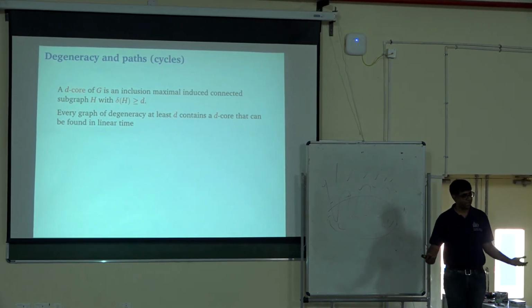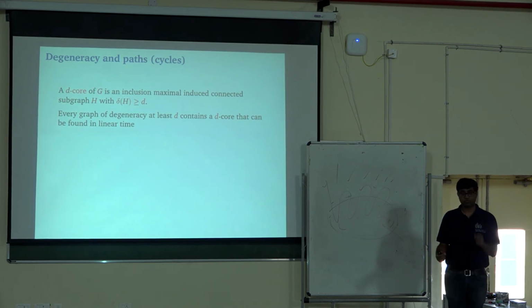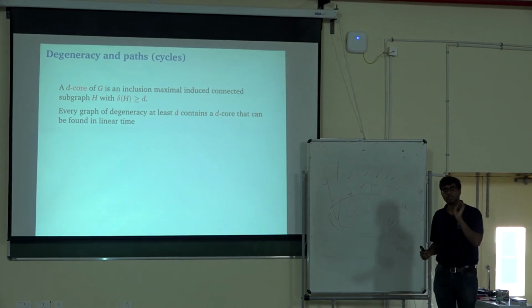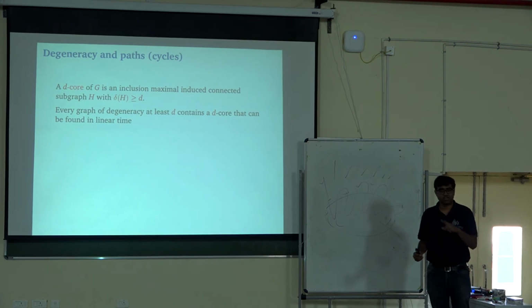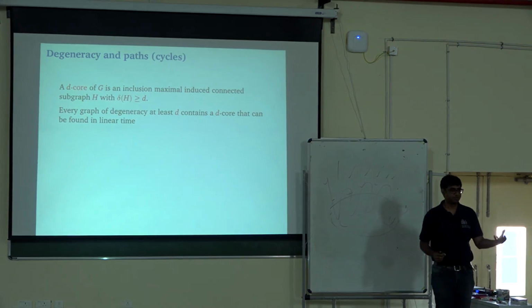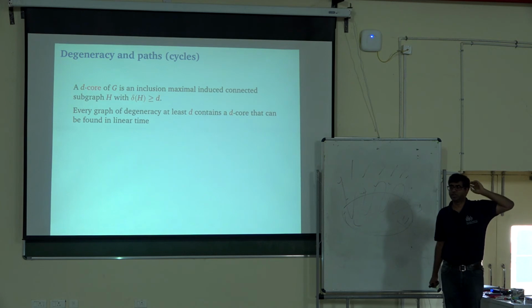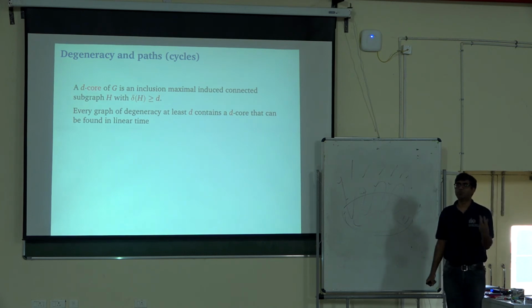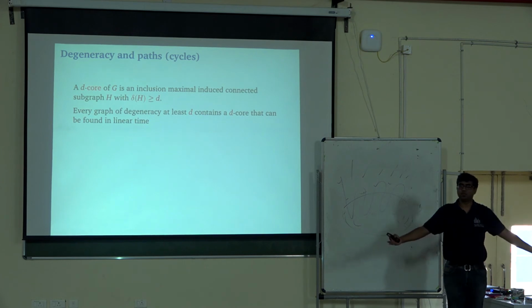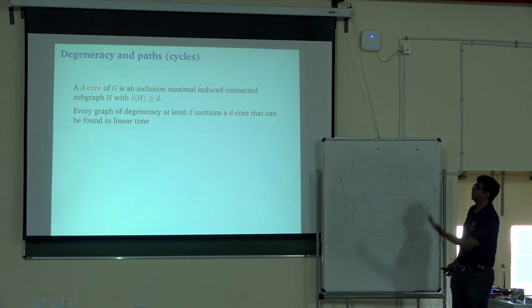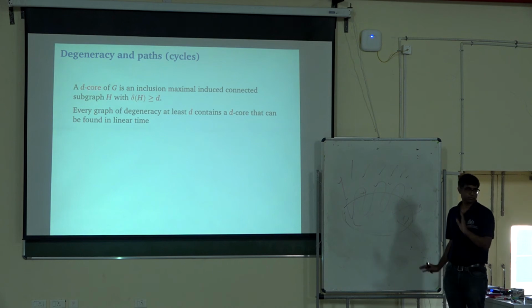Eventually what is left, because you are deleting only vertices of degree strictly less than D, and by definition of degeneracy there exists a subgraph H where every vertex has degree greater or equal to D. So if I delete a vertex with degree strictly less than D, I'm not going to invalidate it. Keep doing it, and finally you cannot. Maybe the graph has several connected components, but each connected component is a core. Okay? All good?